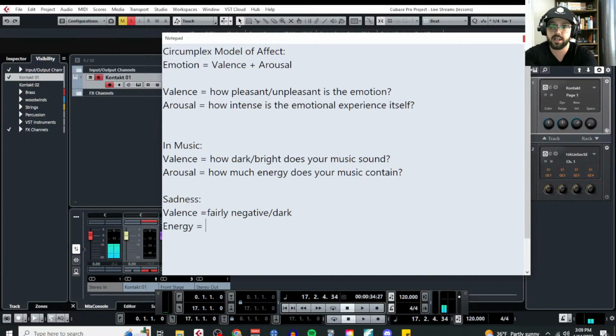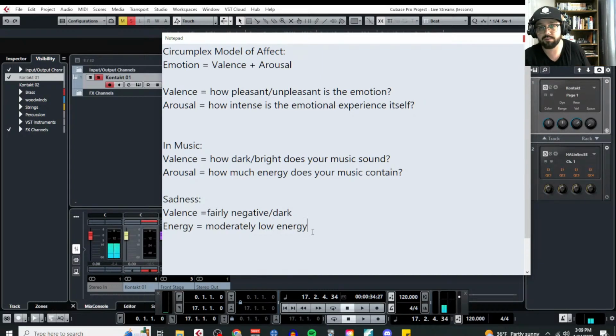So here I would describe this as lower energy. Now I will say moderately low energy, because we're not talking about complete despair. So if we can describe sadness as pretty dark and moderately low energy, our task is, how do we portray this in our music?